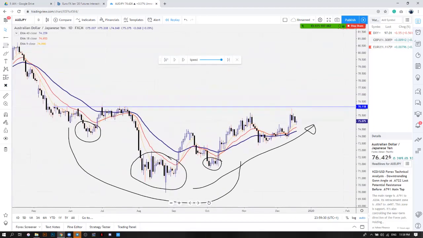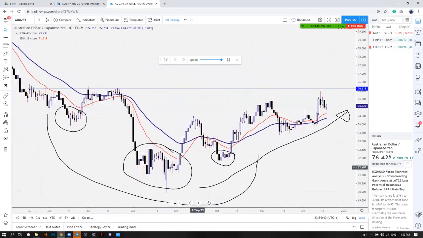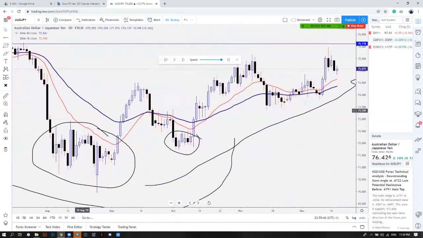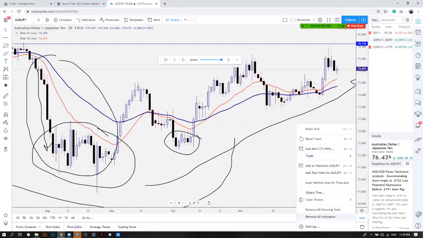Remember I told you guys when the 40 EMA begins to spread out from the 18, that tells you there's going to be a very, very explosive move. Now look what the market did here. When the EMAs spread out, look how explosive the down move was. Now the EMA is beginning to spread out again. We're looking for more upside move.